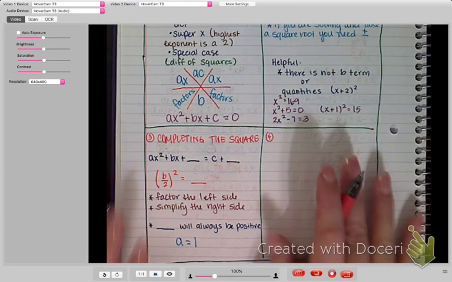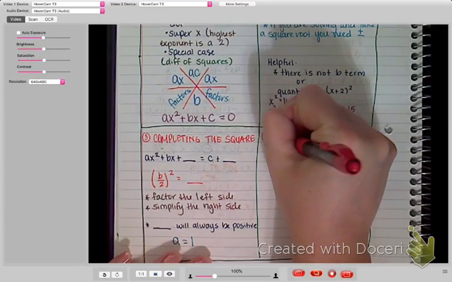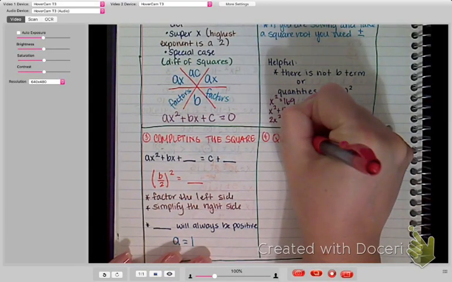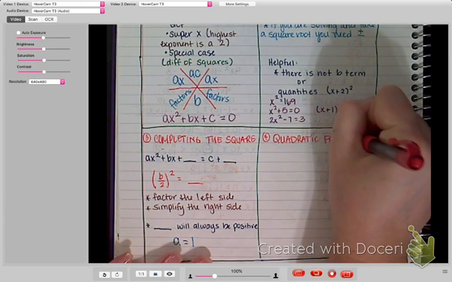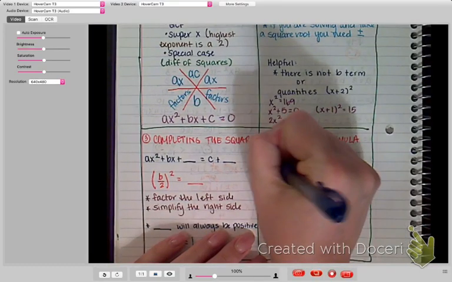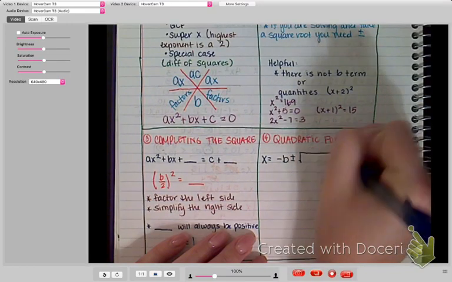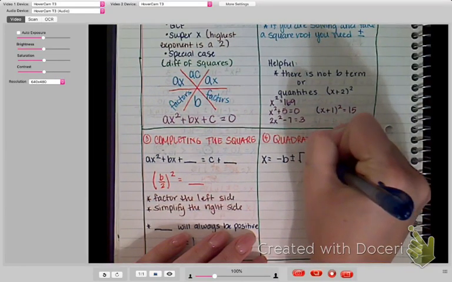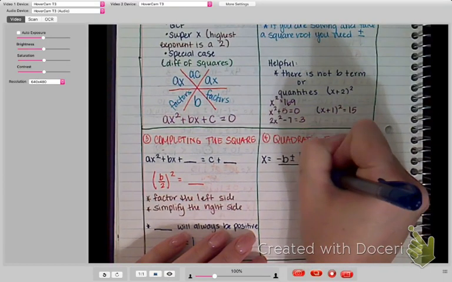Okay. And the last one we looked at over the last couple weeks was the quadratic formula. So first things first, the quadratic formula is negative b plus or minus the square root of b squared minus 4 times a times c all over 2 times a.